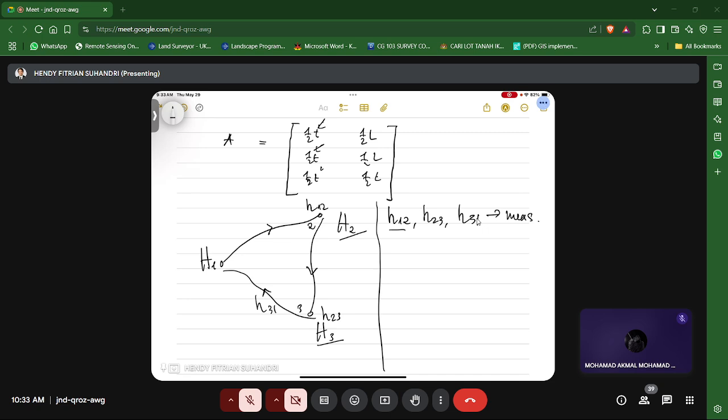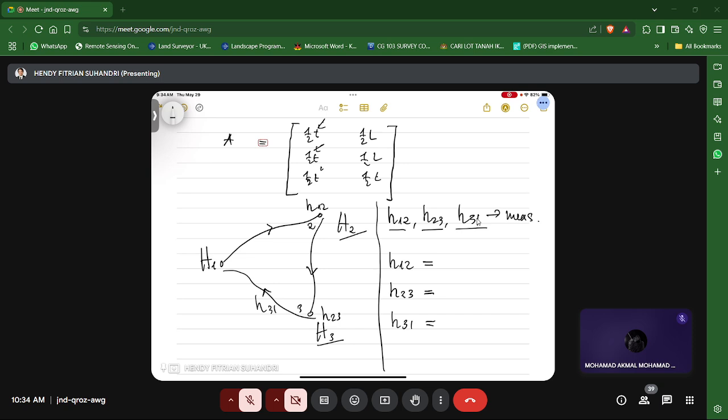H12, one equation, H23, one equation, and H31 is one equation. Let's write the equations here: H12, H23, and H31. So each observation is one equation. If you have 3 observations, that means you have 3 equations.